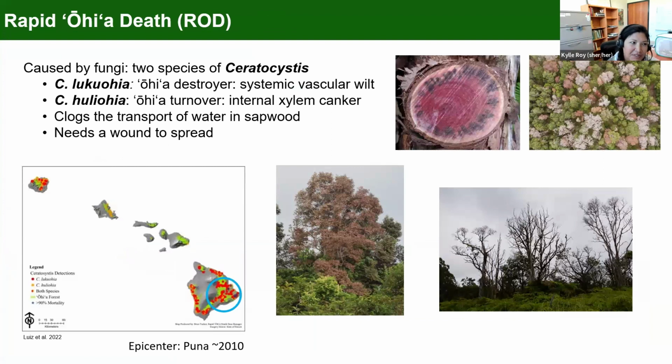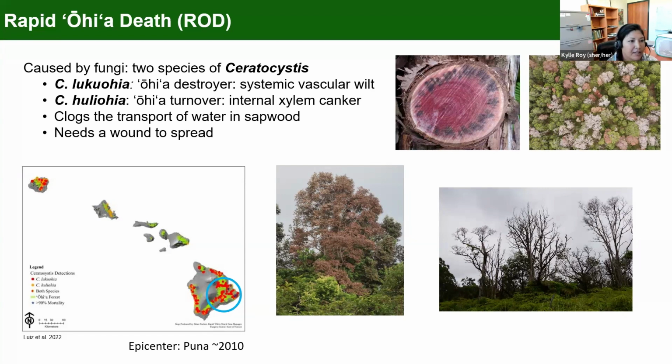So to introduce you all to rapid ʻŌhiʻa death, ROD is caused by two different species of Ceratocystis fungi, Ceratocystis lukuohia and Ceratocystis huliohia. They were given Hawaiian names that translate to how they act. Ceratocystis lukuohia was given the name ʻŌhiʻa destroyer. It's much more virulent than Ceratocystis huliohia, and it's also more widespread.